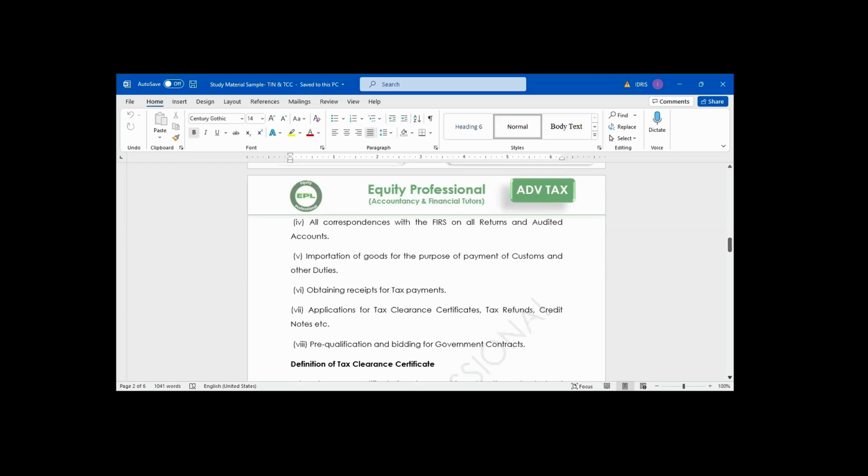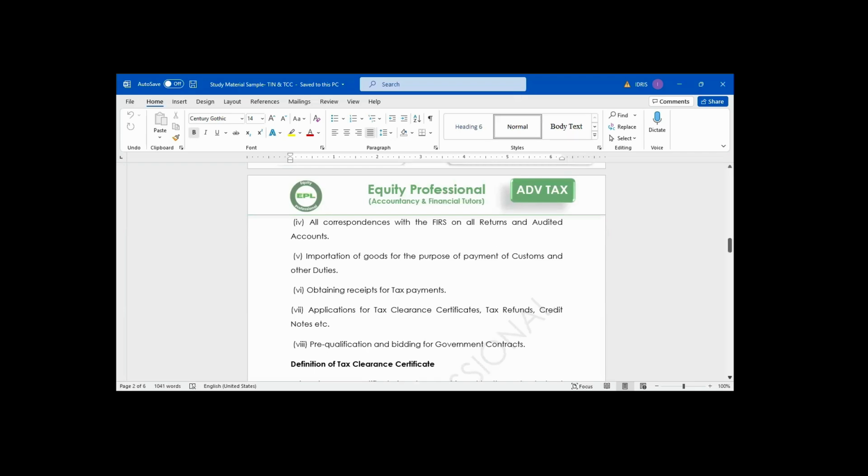Tax identification number. These are the transactions where they will ask for your tax identification number. We have done with tax identification number.